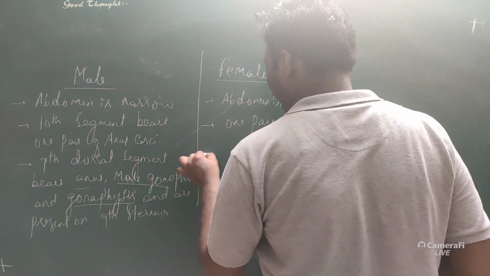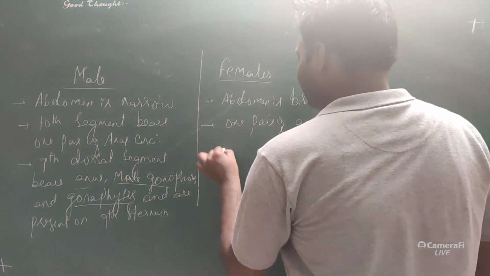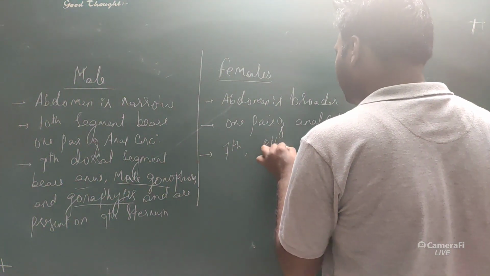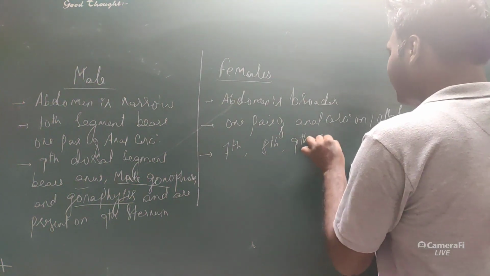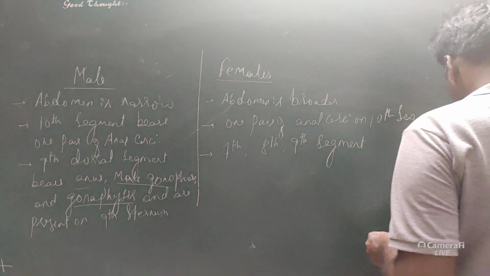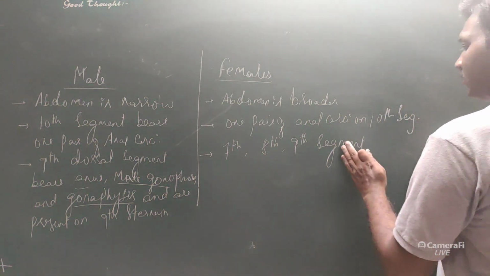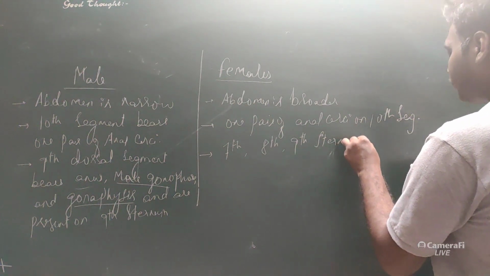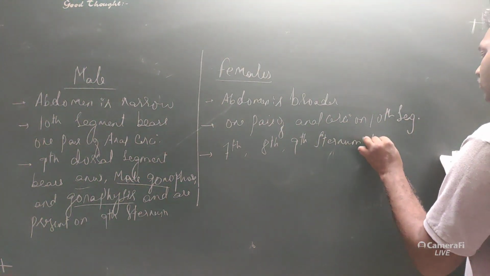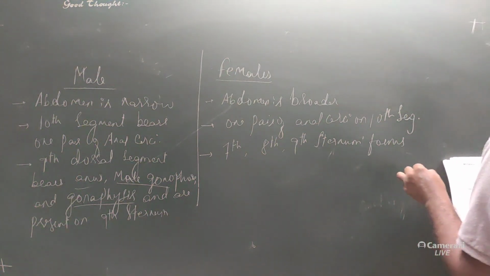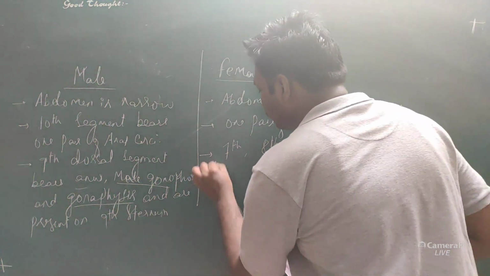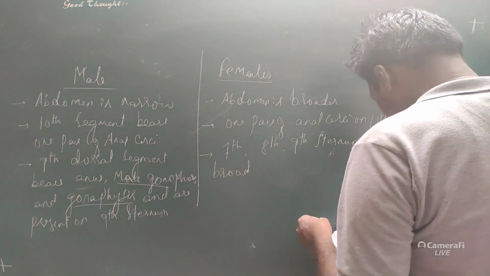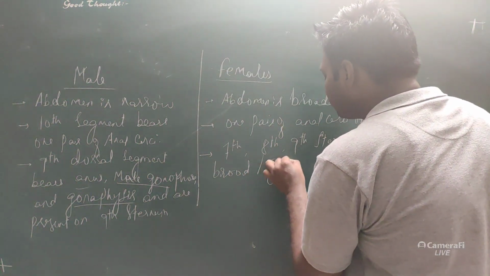Next, in females, the 7th, 8th and 9th sterna form a brood, a kind of pouch-like structure, called the brood or genital pouch.